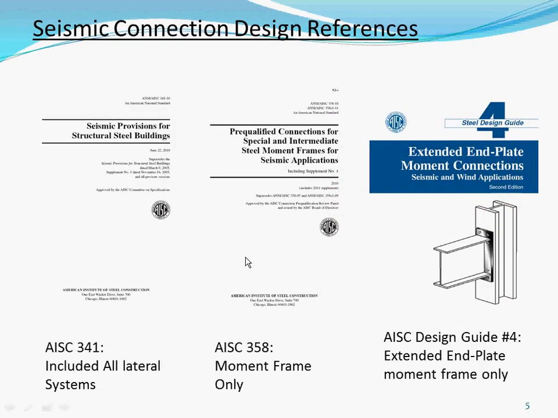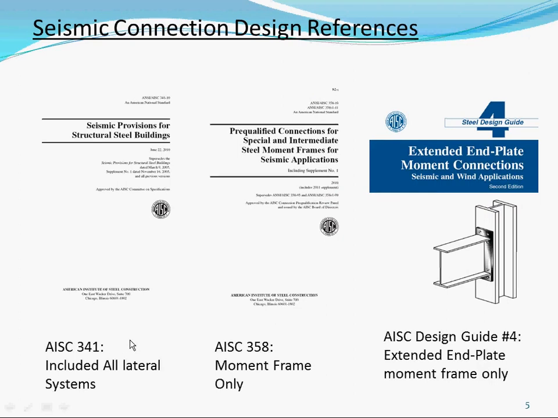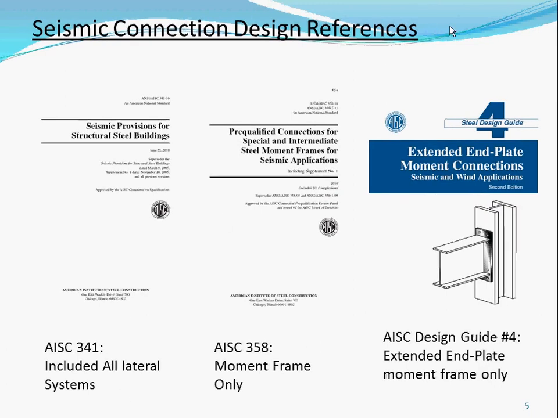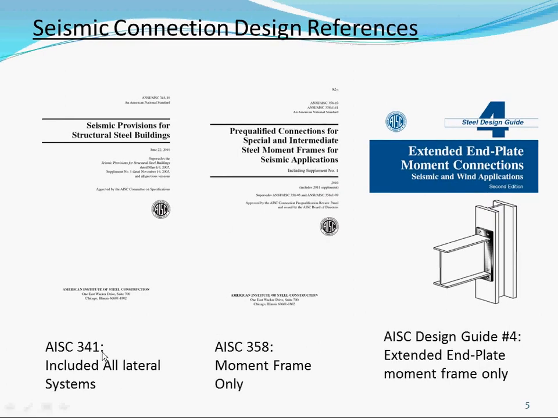So anyway, what we have here is 341. Once the building code references 340 or 360 or 341, this is where you do your connection design. When it comes to steel moment frame design specifically, they go to 341-05 and 341.